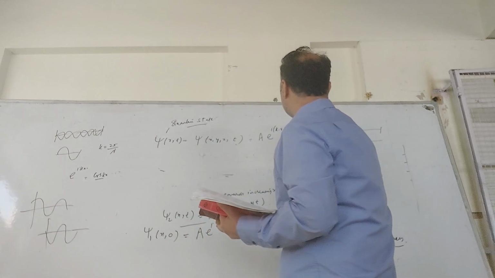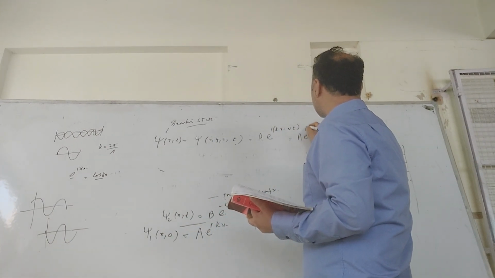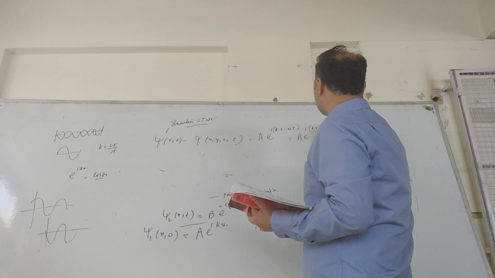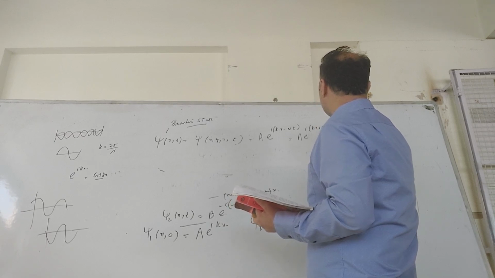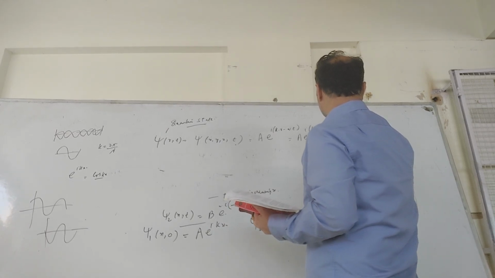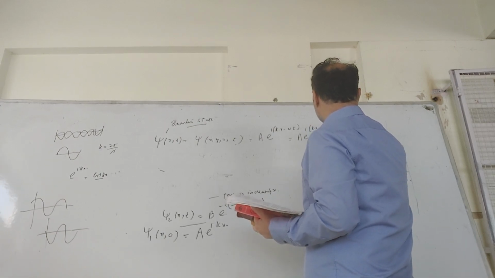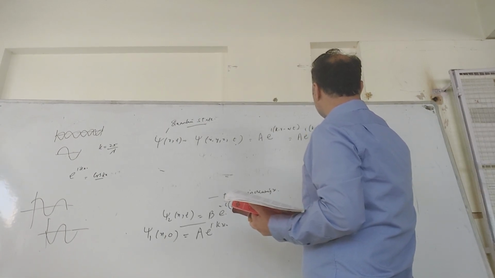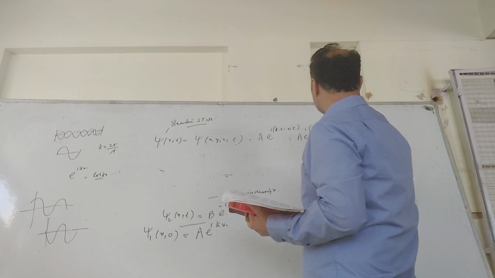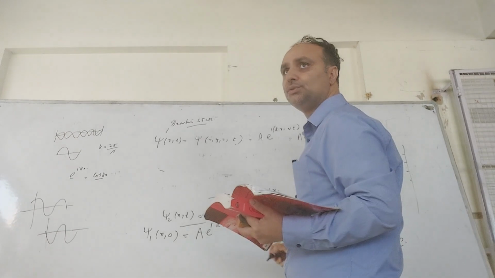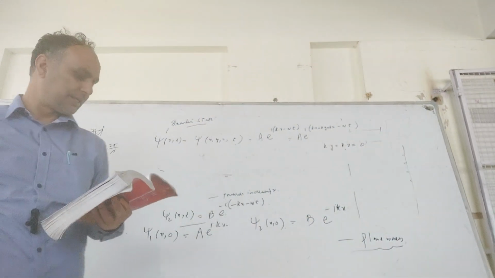So it will be A e to the power iota (kx x plus ky y plus kz z minus omega t). So ky is equal to kz is equal to 0. Okay, so that's it.